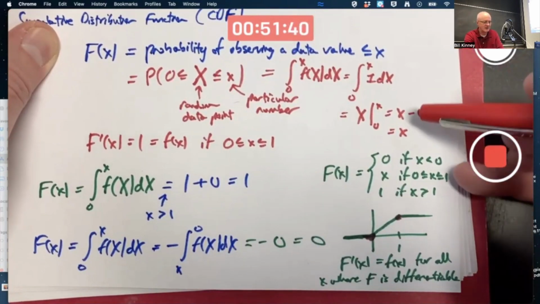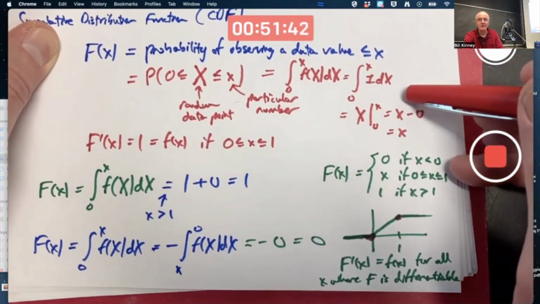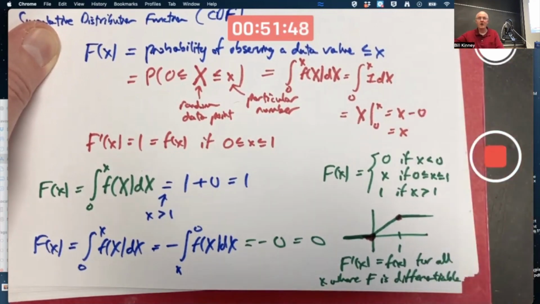Well, I did use an antiderivative there, but I could have thought about it with areas. You see the difference? Again, before, we had an integral we'd like to evaluate, so we used an antiderivative. Now we are using the integral to define an antiderivative.